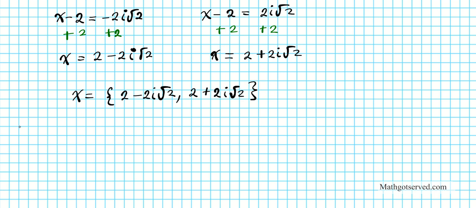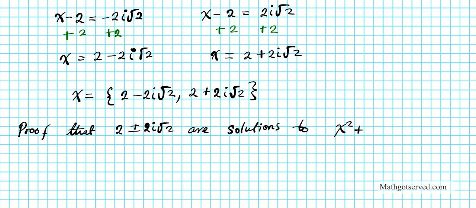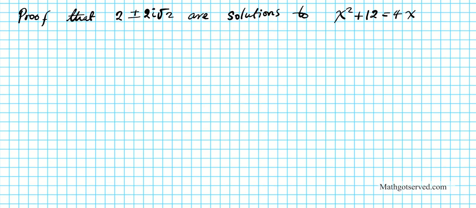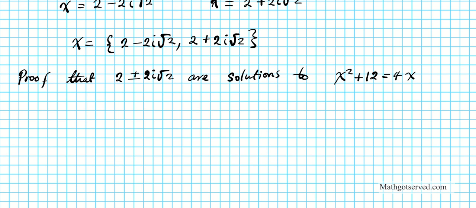So proof that 2 plus or minus 2i root 2 are solutions to the original problem, which is x squared plus 12 equals 4x. Okay, so we're going to test them one by one, and hopefully we get a true statement with each substitution.